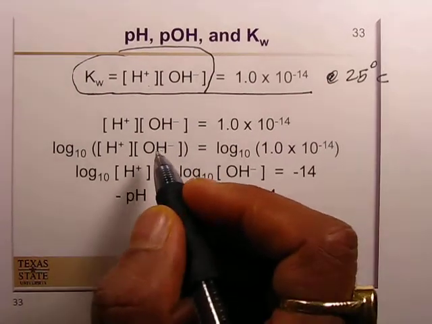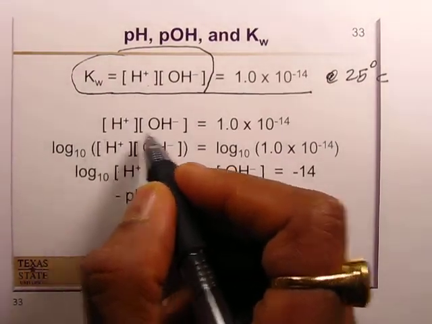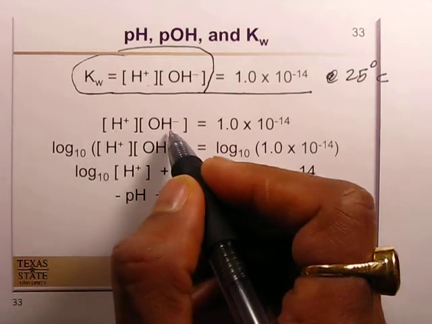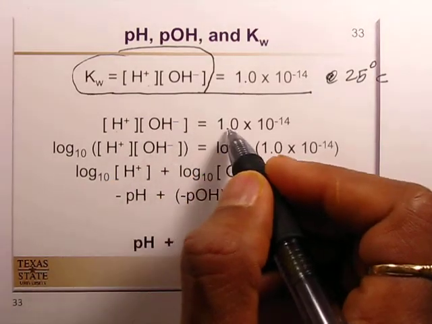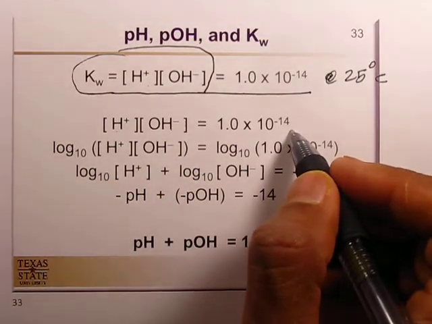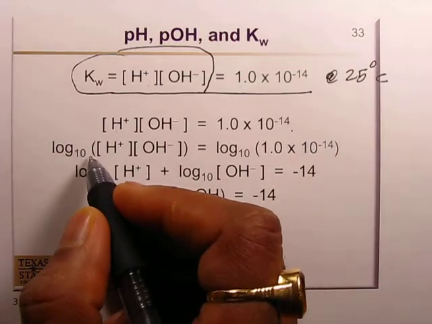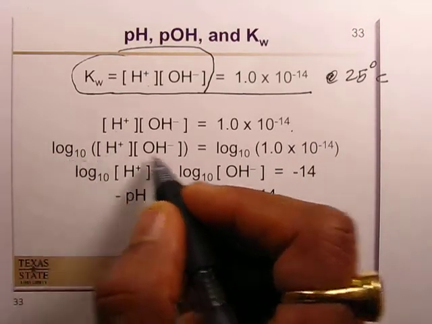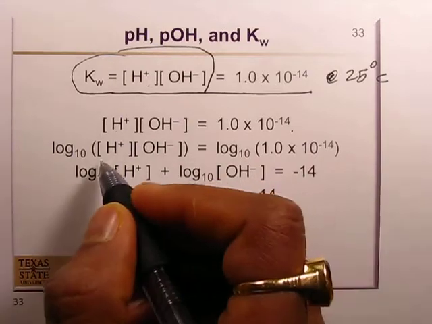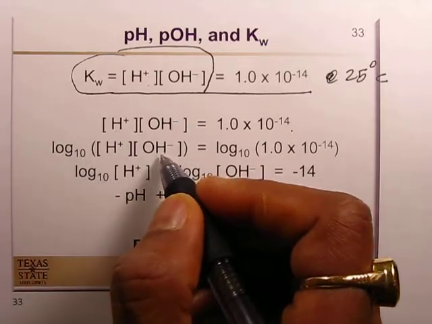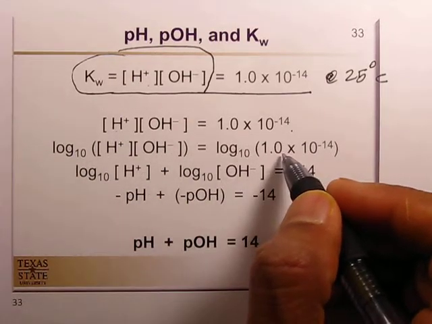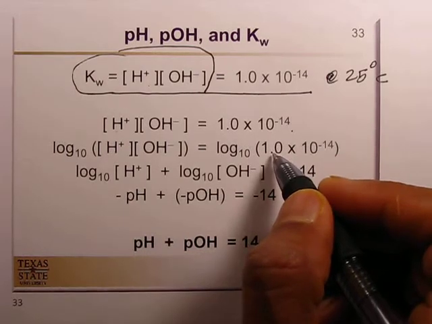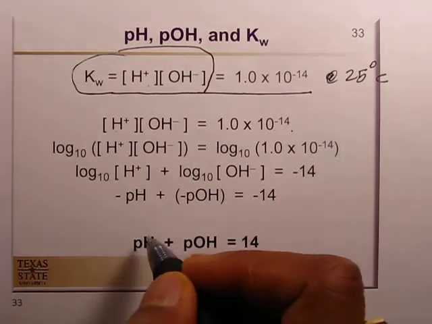And so now we can write that the product of hydrogen ion concentration and hydroxyl ion concentration will be 1.0 times 10 raised to minus 14. If we take the log 10 on both sides, so log 10 of this product equals log 10 of 1.0 times 10 raised to minus 14.